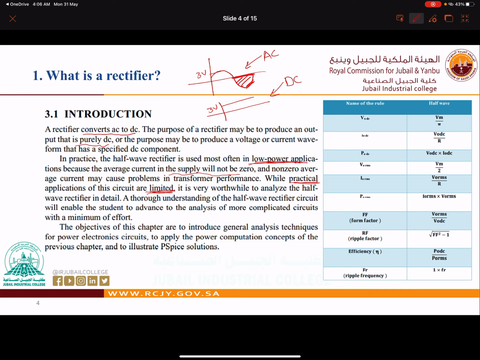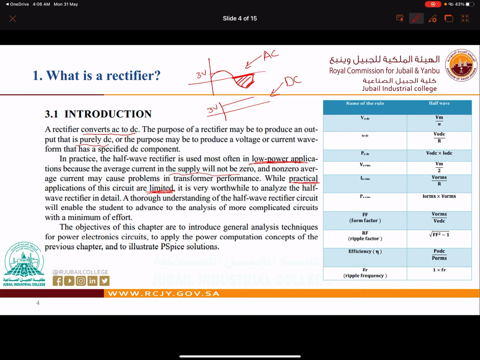But we are going to understand converters step by step, and how we can rectify the signal from AC into DC, starting from the half wave rectifier, building up information until we reach the three phase full wave rectifier, three phase half wave rectifier, and so on.